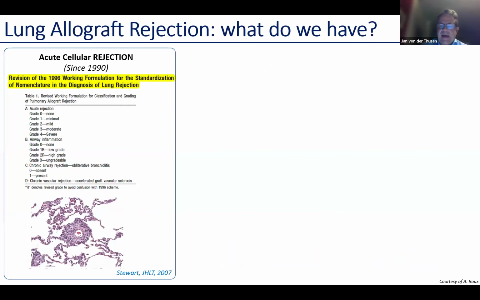So what do we have in lung transplant rejection assessment at the moment in terms of the more classical features that we assess as pathologists?